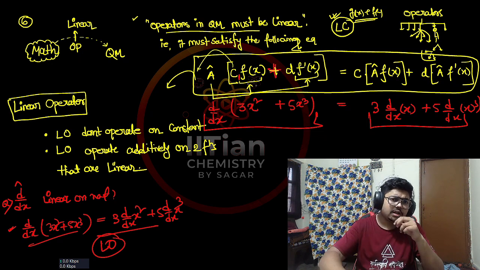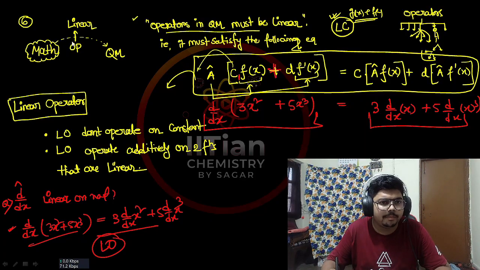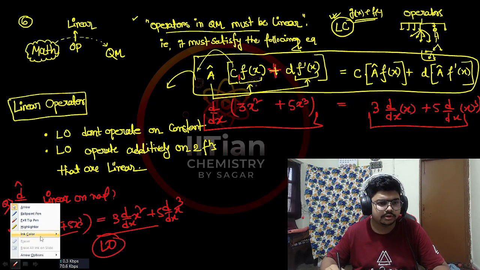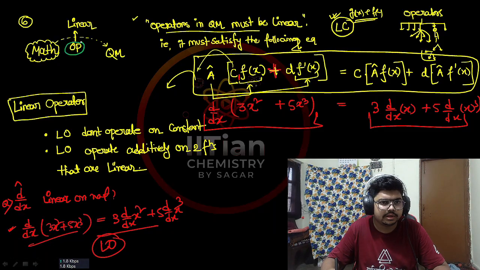The same thing we will discuss here: when we take the operator from mathematics and want to use it in quantum mechanics, the operator must be linear.